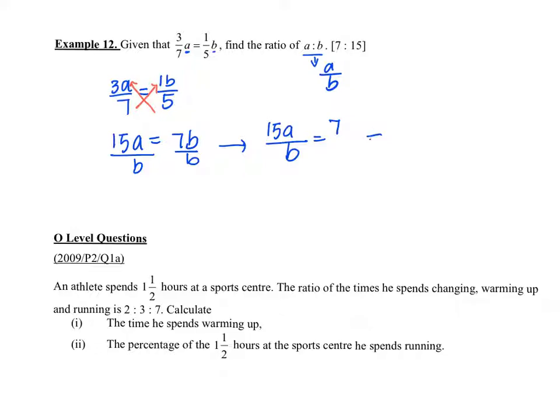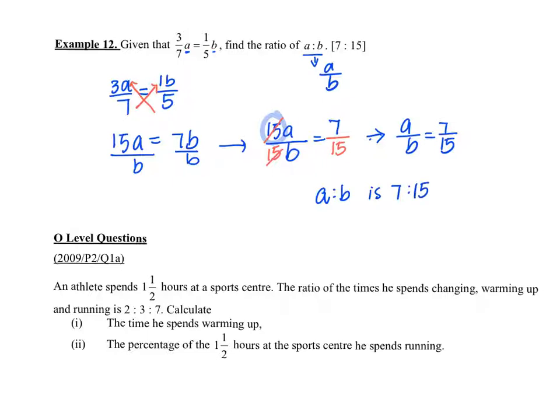But now we also do not want 15 over here, right? This is 15 times a, so we're going to divide both sides by 15, and then 15 will disappear, and I'll get the fraction a over b equals 7 over 15. So therefore, the ratio of a is to b will now be 7 is to 15.